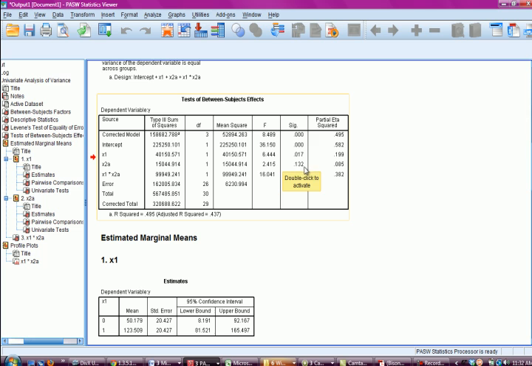X2 does not have a significant effect. We can say that that would be antabuse, which on its own does not. And then, however, when they're combined, we do indeed have a very significant effect as well.